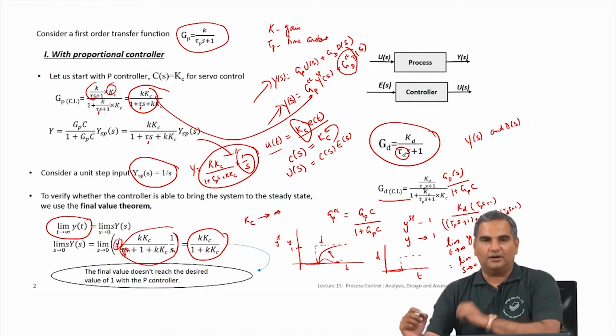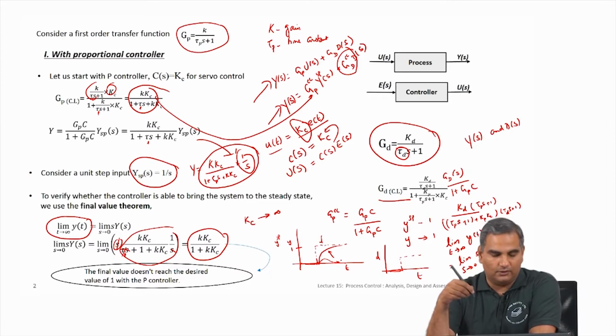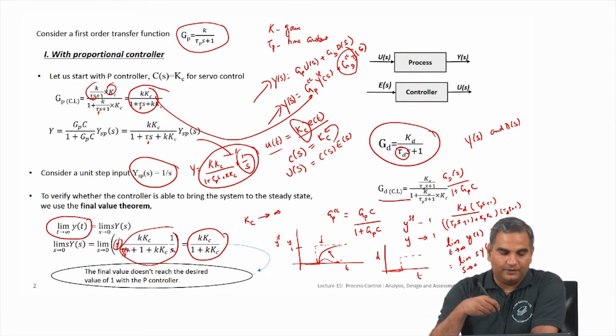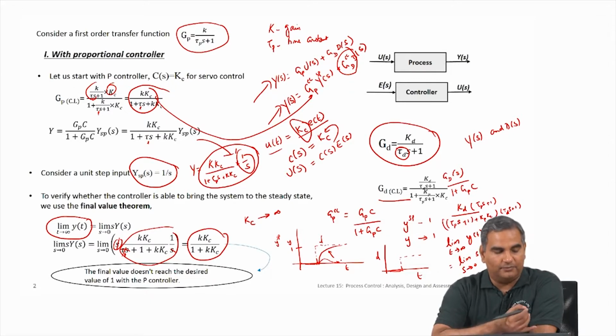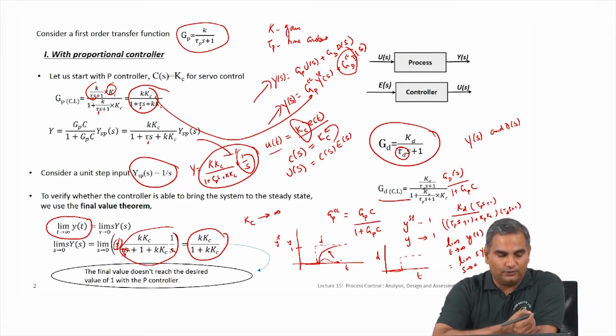Okay. So the upshot of all of this is that proportional control is very good, and we have started analyzing the impact of proportional control on processes based on whatever we have learned. We have only used these two transfer functions that we derived in the last class.